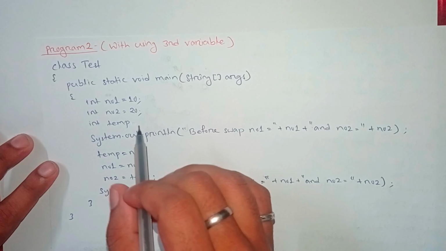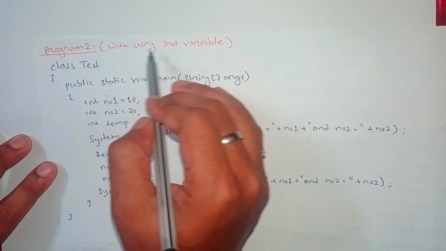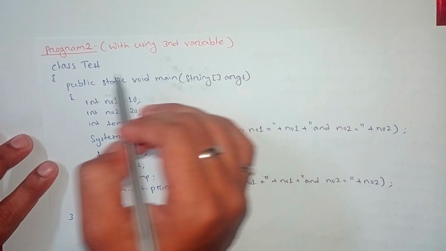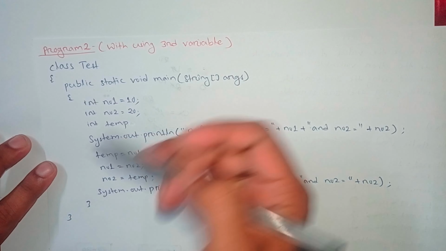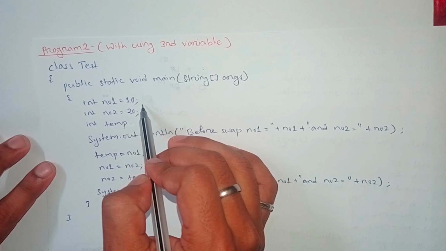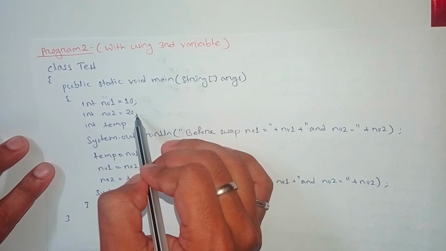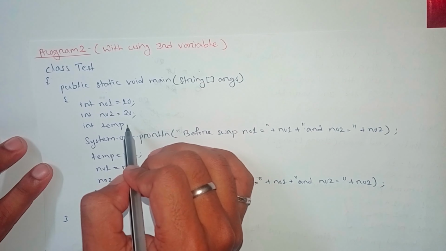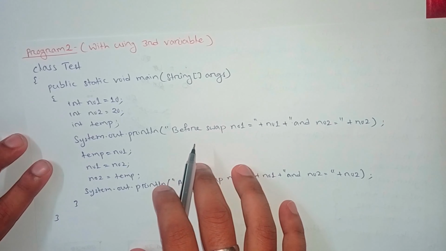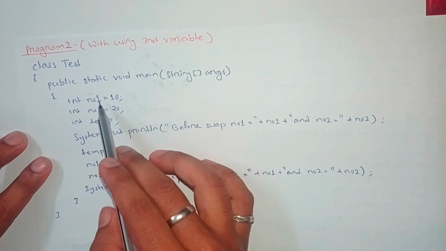Now see swap between two numbers using a third variable. The program is class test, public static void main. This is the main method. Int number 1 equal to 10, int number 2 equal to 20. With using the third variable, so another variable is temp. Before swap I want to print number 1 and number 2.